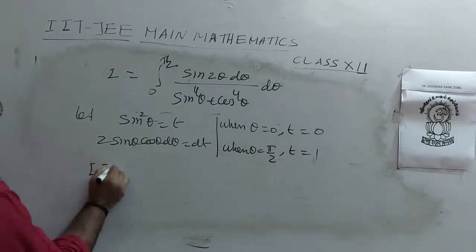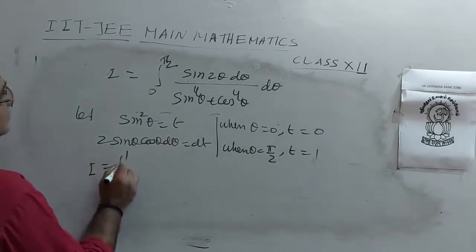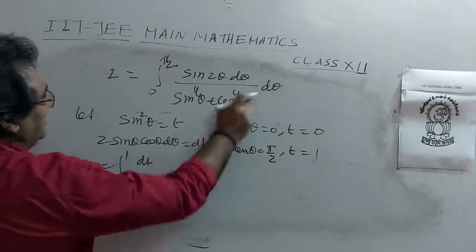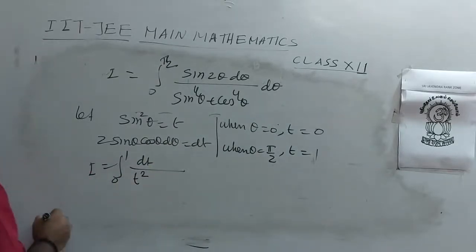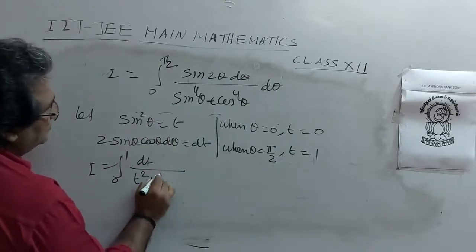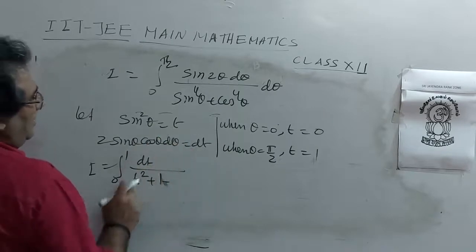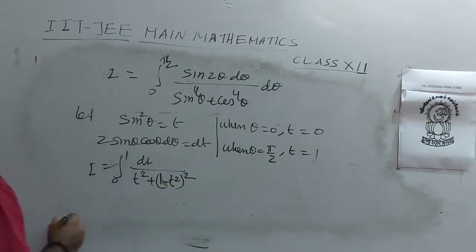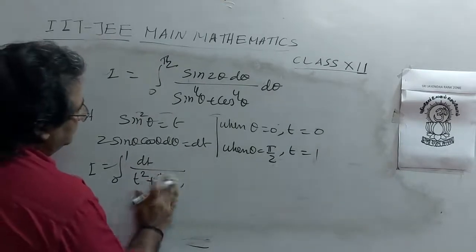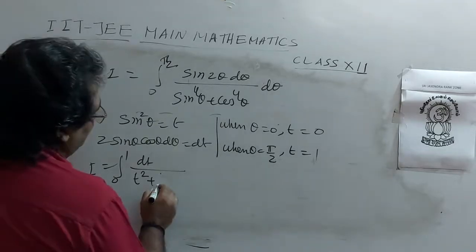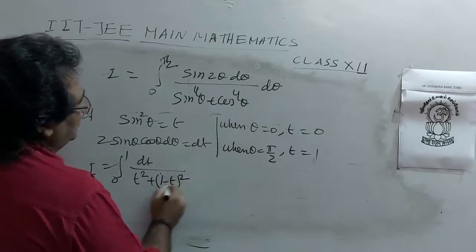Therefore, I equals integral 0 to 1. 2 sin theta cos theta d theta, that is sin 2 theta d theta, is dt, divided by sin power 4 theta, which is sin square theta whole square, that is t squared, plus cos power 4 theta.